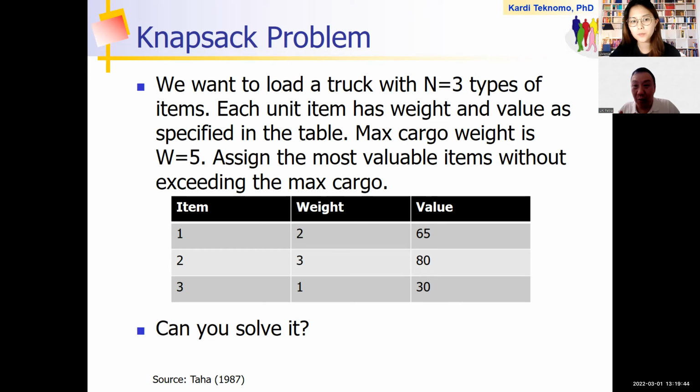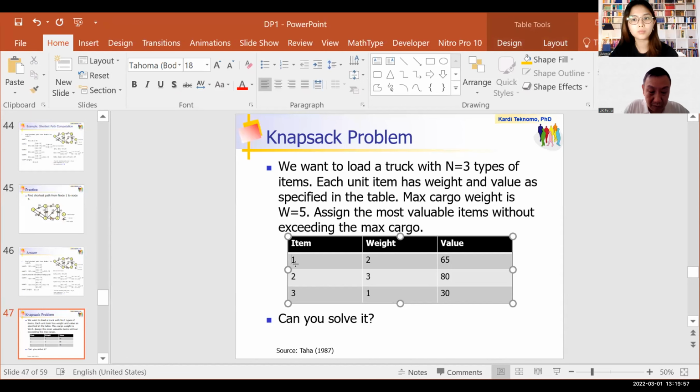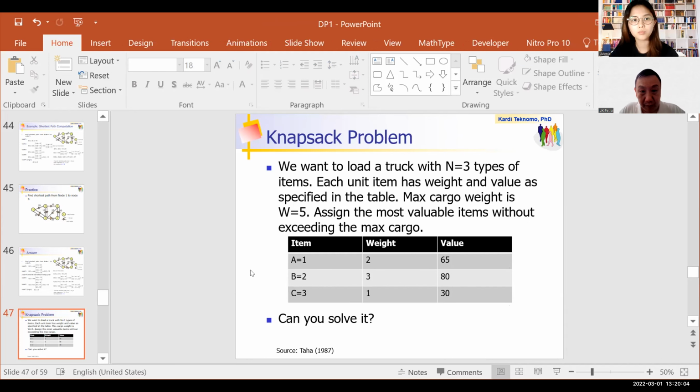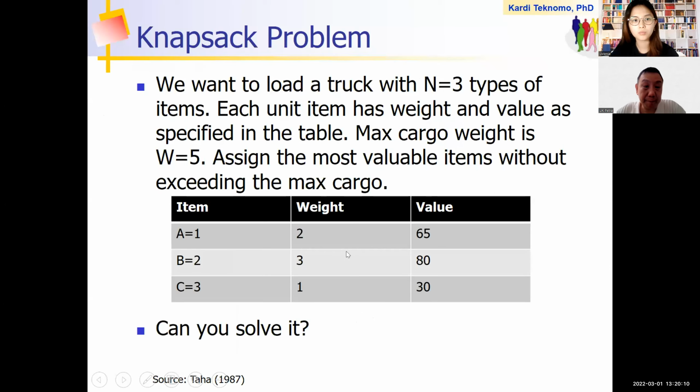To get the nodes, you need to know the alternatives, what are the possible values for item 1, or say I call these items A, B, C. So this is A, this is B, and that is C. Item A, B, and C, or item 1, 2, 3. So my question: for item A, what are the possible values?